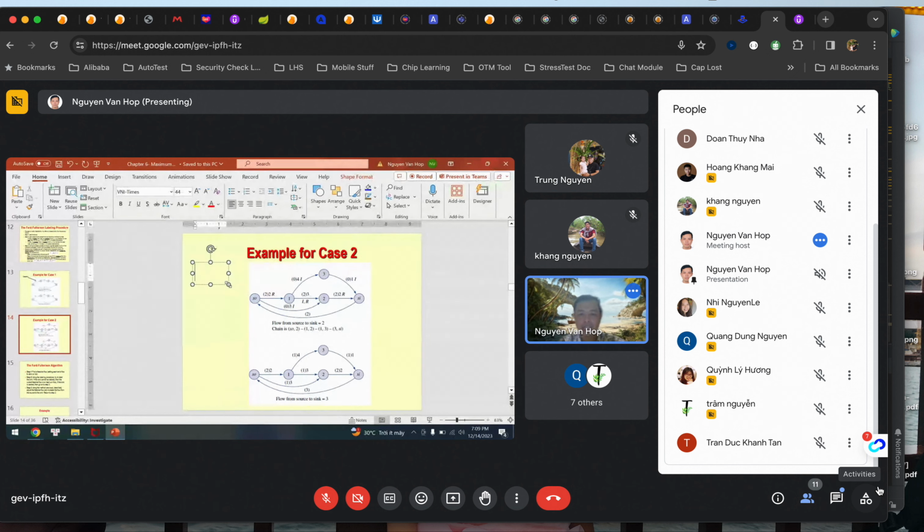K1 is 2, right? Because here 2 reduces to 2, and the minimum of all of these is 2. How about K2? K2 is the minimum of what?